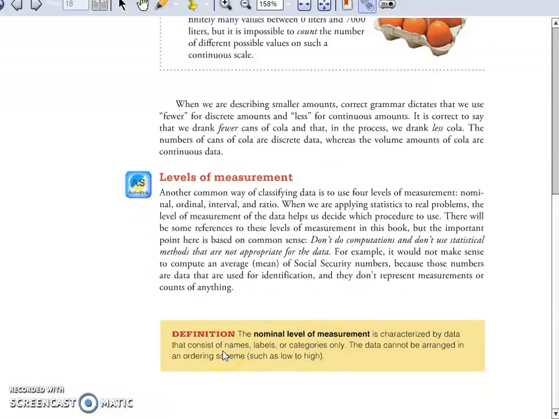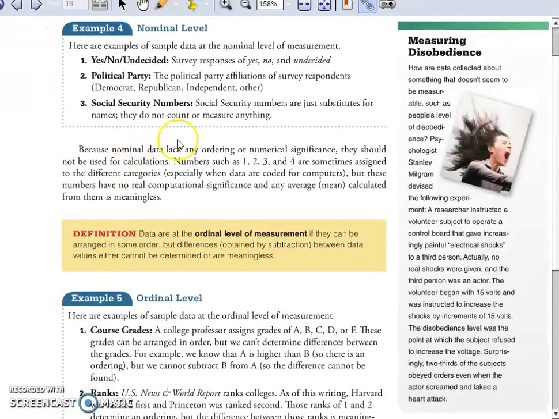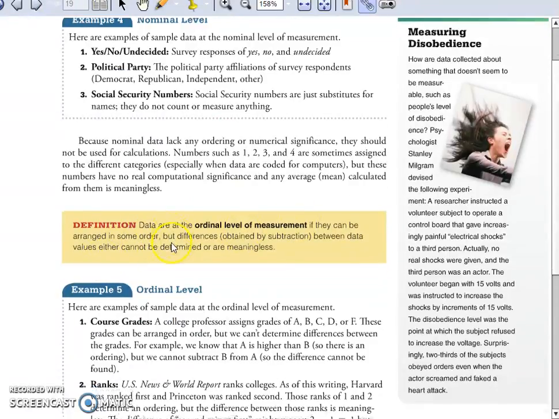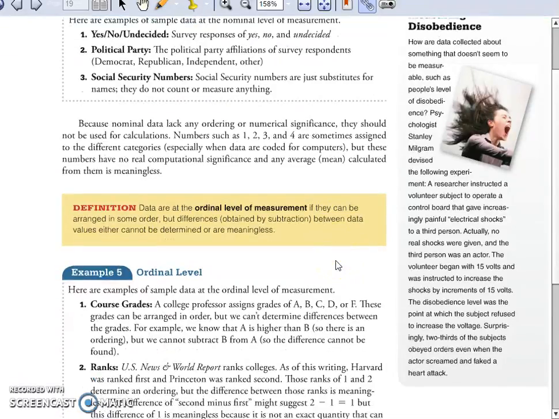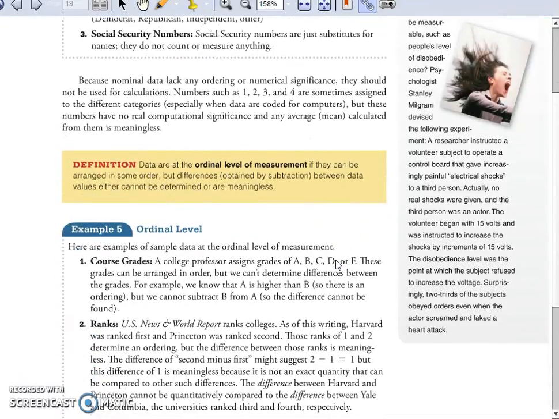So nominal, name. There's also going to be ordinal, and so they can be arranged in some order, but differences obtained by subtraction values cannot be determined or are meaningless.